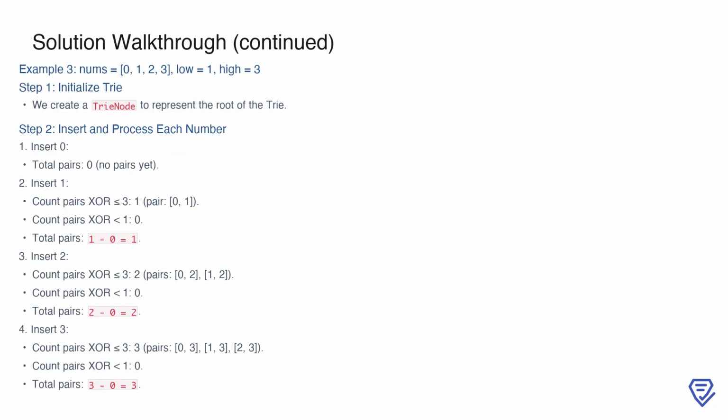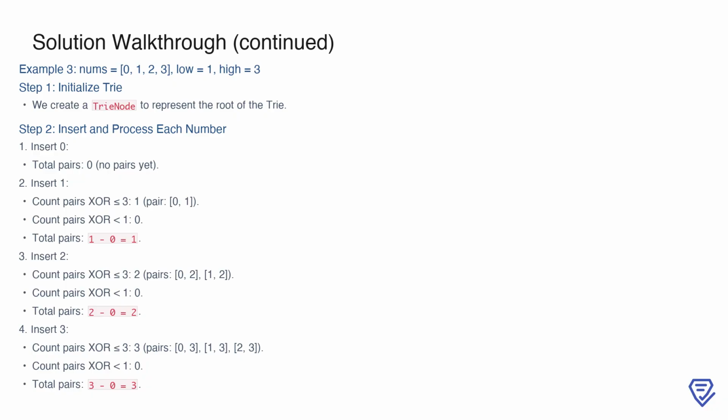In the third example, nums equals 0, 1, 2, 3, low equals 1, and high equals 3. We begin by initializing an empty tree. The first number is 0, which does not contribute any pairs since the tree is empty. We insert 0 into the tree, updating counts at each node as we traverse its binary representation.